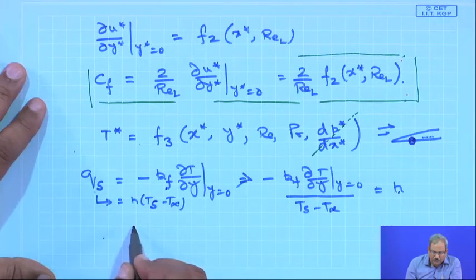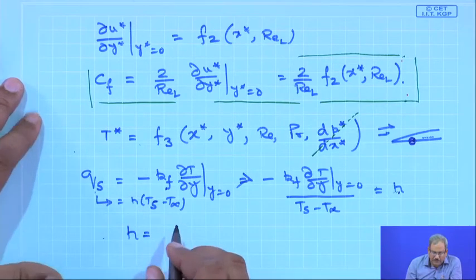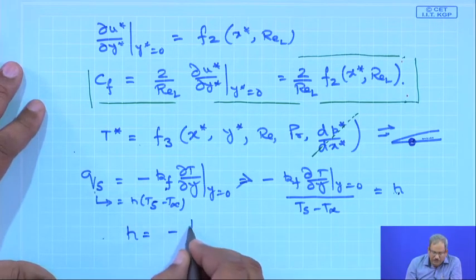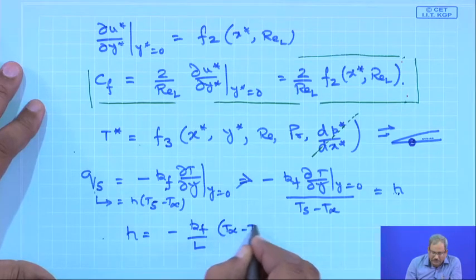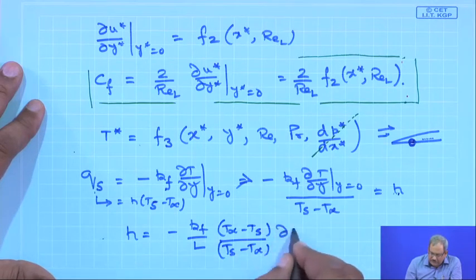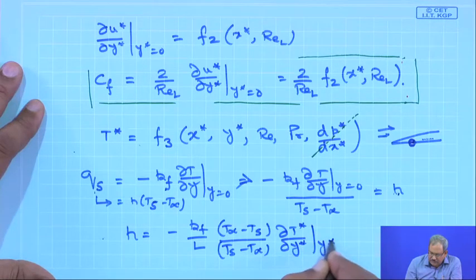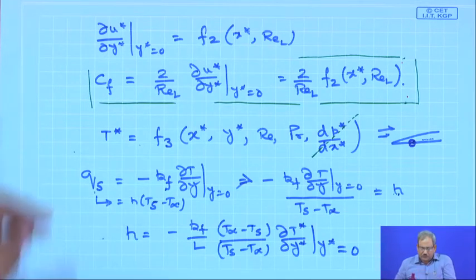When you express it in dimensionless form, this becomes h is equal to minus k f by L times (T infinity minus T s) by (T s minus T infinity) times del T star by del y star at y star equals 0. So, I am slowly moving towards the dimensionless form of the expression over here.